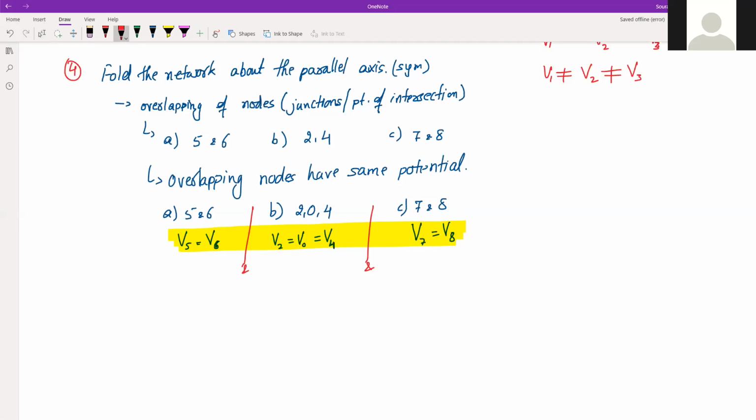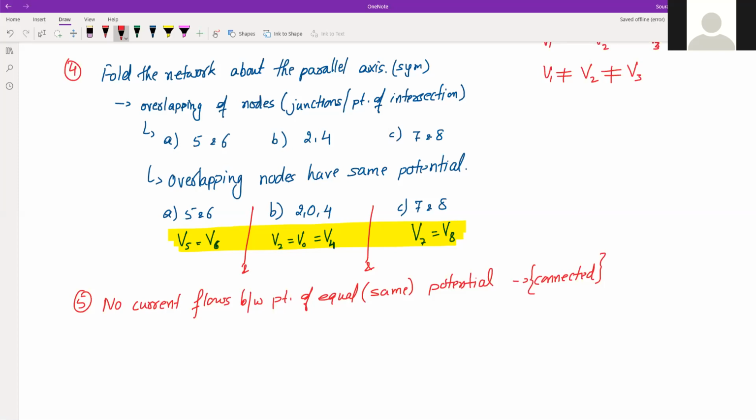We have to understand one point here, that no current flows between points of equal or same potential, obviously, provided they are connected. Right?